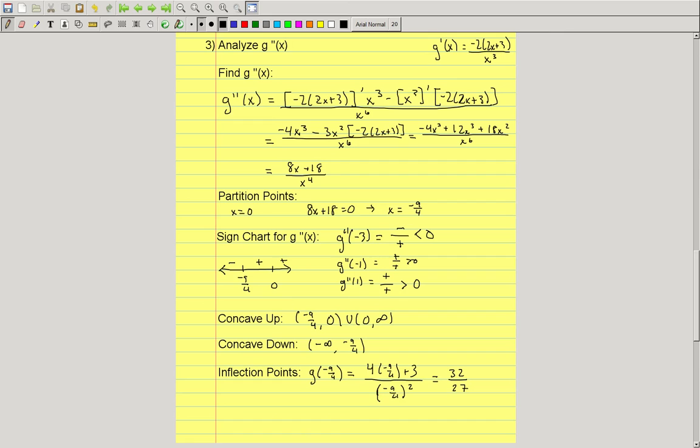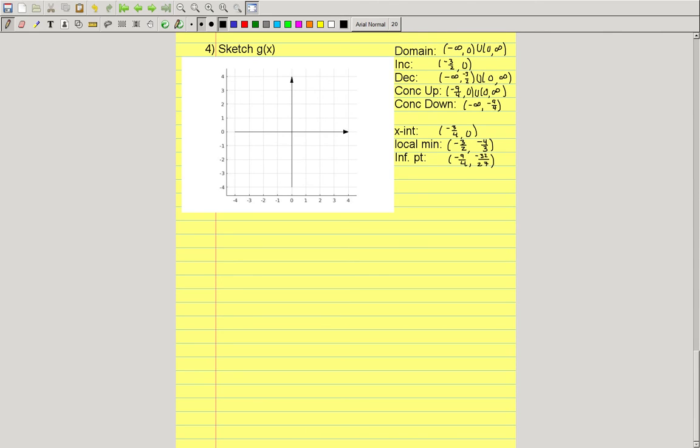Okay, now it's time to put it all together. Now that we have all of our information, we're going to graph our function g. Let's start by adding in our asymptotes, which we know occur at y equals 0 and x equals 0.